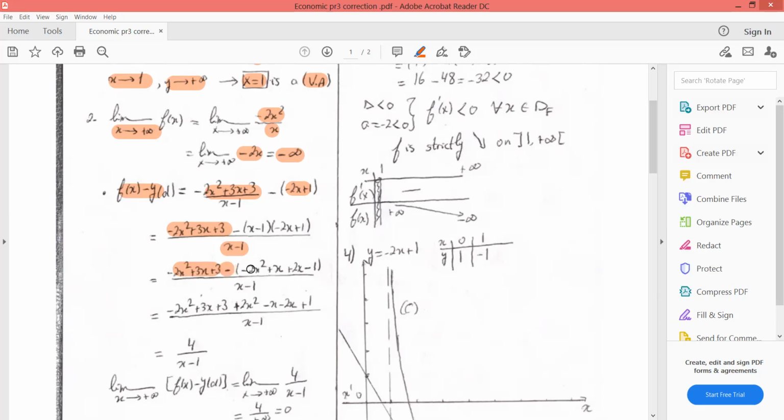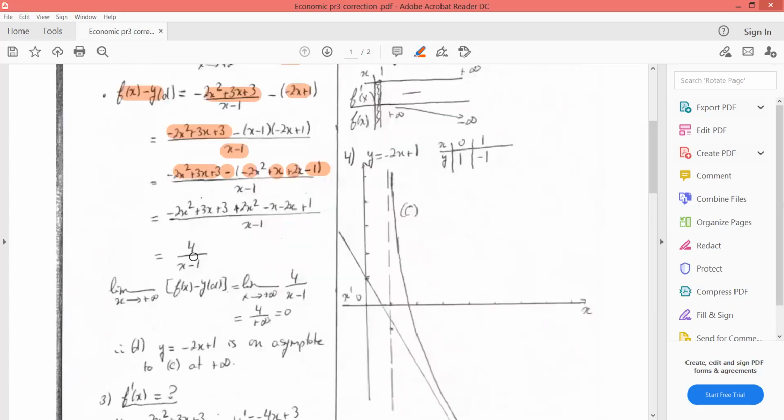Minus 2x squared, x times 1 is x. Minus 1 times minus 2x is plus 2x. And minus 1. We remove the brackets. في minus sign, we change the signs. We get 4 over x minus 1. f(x) minus y_D.